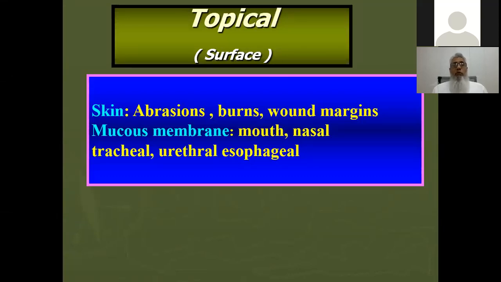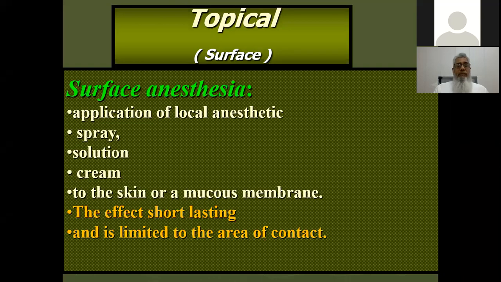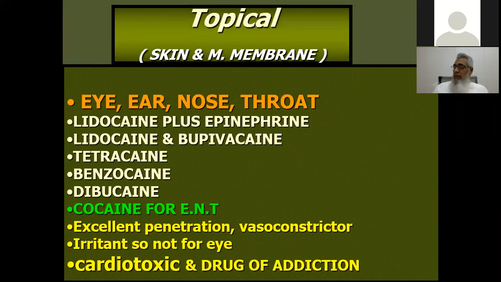You may use this topical anesthesia. These surface anesthetics are usually available as sprays, solutions, creams, gels. And usually they are used for eye surgery, for topical use.